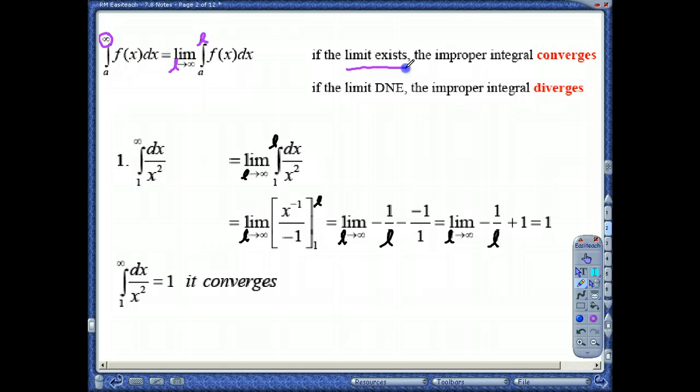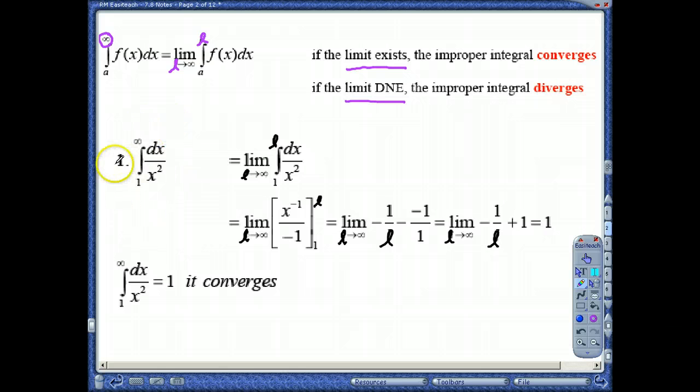If the limit exists and it approaches a number, then we're going to say that improper integral converges, and we're going to tell them what it converges to. If the limit does not exist, it has no bound, left side doesn't equal right side, etc., then we're going to say it diverges, which means it will not have an answer.